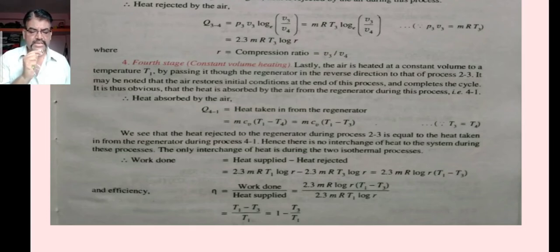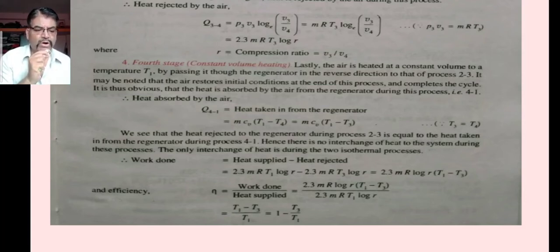In these processes, the last two processes are performed with the help of a regenerator to make this cycle reversible. Now we have considered the 4 stages of the cycle. Let the engine contain m kg of air, that is gas.